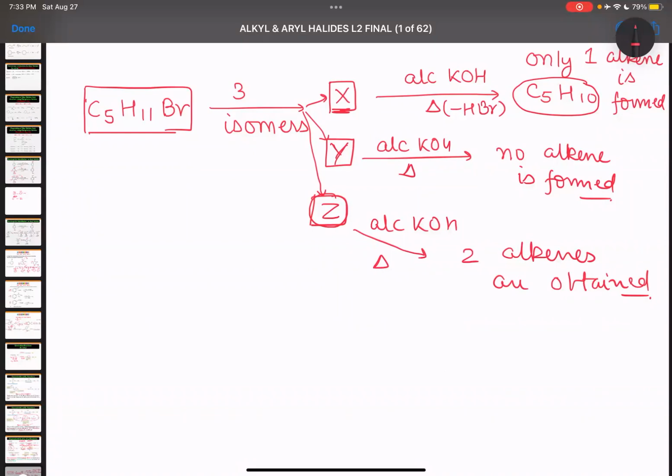But if you have a symmetrical structure, two different alkenes will not be formed. Only one alkene will form. So can you tell me the IUPAC name of X? What's going to be the IUPAC name of X?